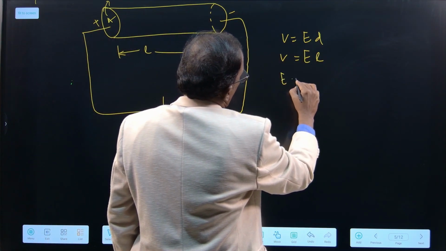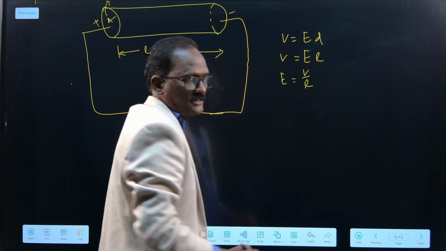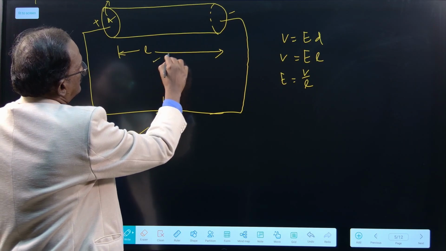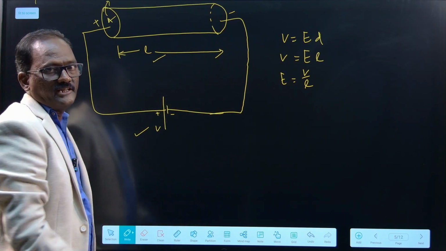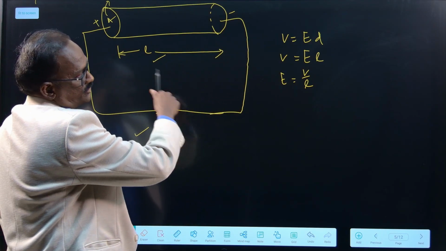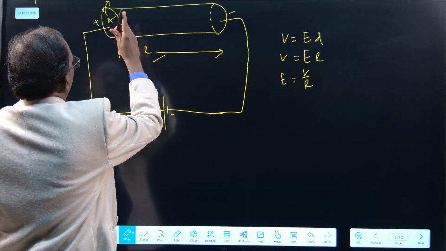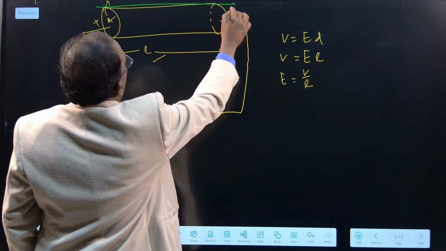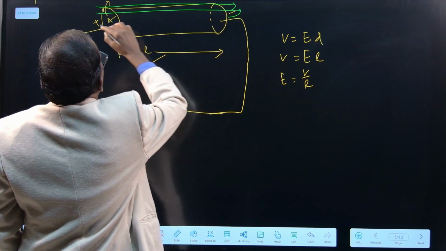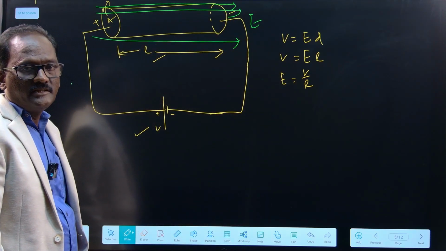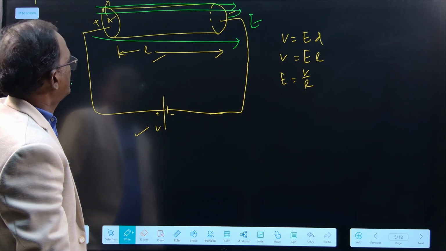So E is equal to V by L. V is available, L is also available. So there must be E lines between the two ends. Those lines, let me draw this way. E lines. E is equal to V by L, right?